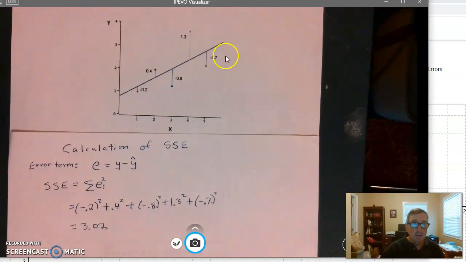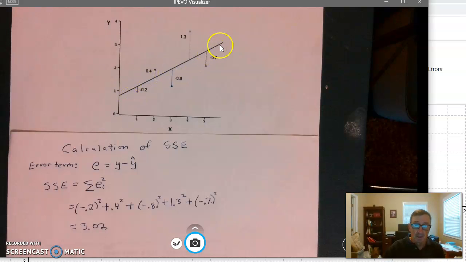So here's a regression line. Here's a scatter plot with the regression line as well. In order to calculate the SSE, or the sum of squared error, the error terms basically give you the distance from the point to the line. So here's a scatter plot with some points.